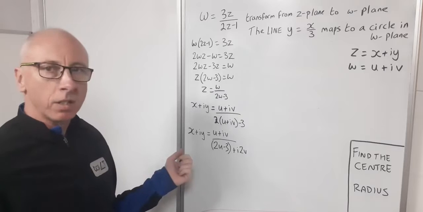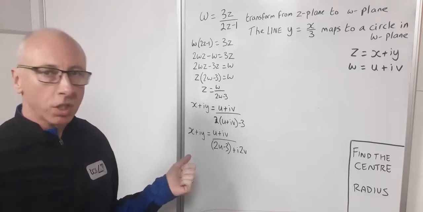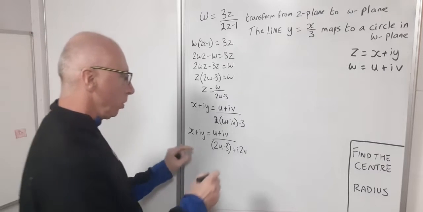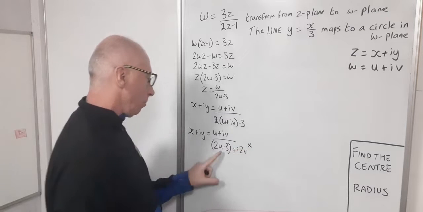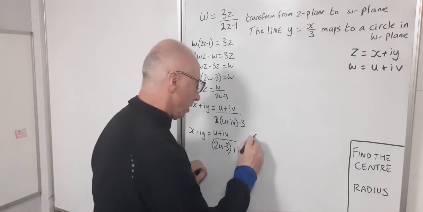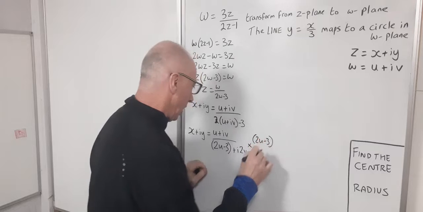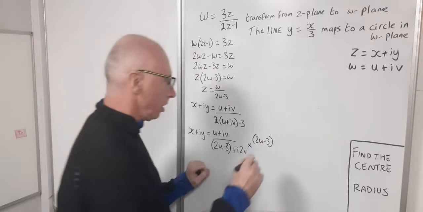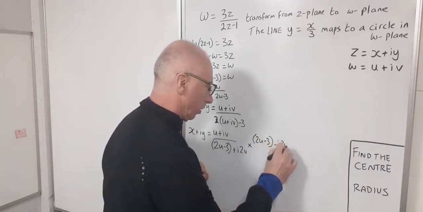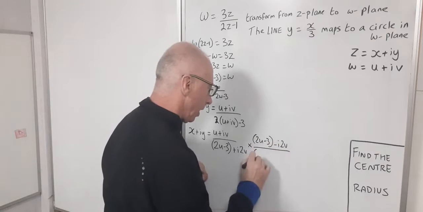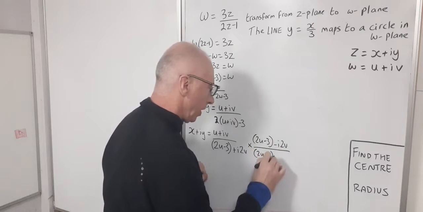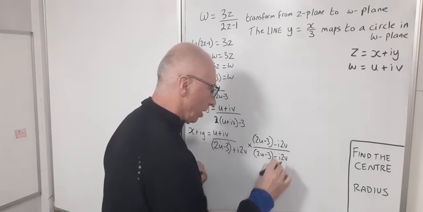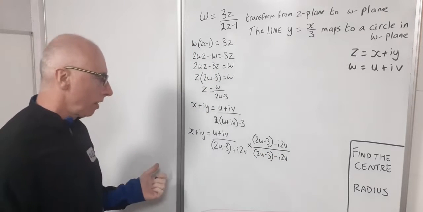The easiest way to do that is using the complex conjugate. So if I multiply this by 2u minus 3 minus i2v and then divide that by itself, I'm effectively multiplying by 1. Hence we don't change the value of anything.